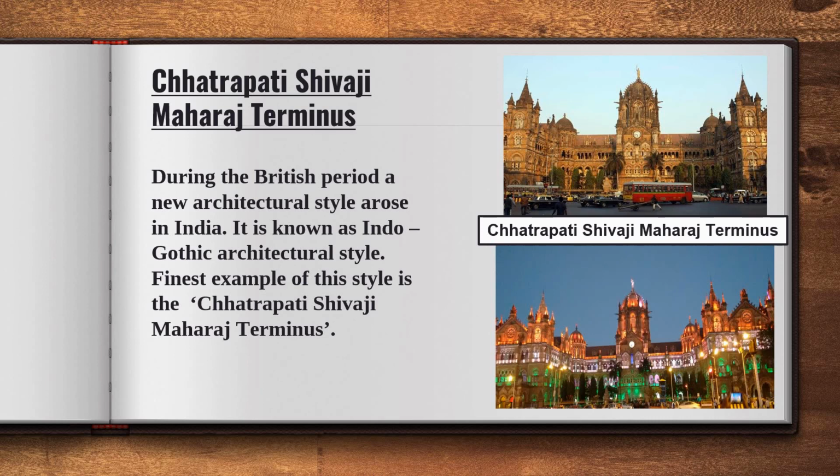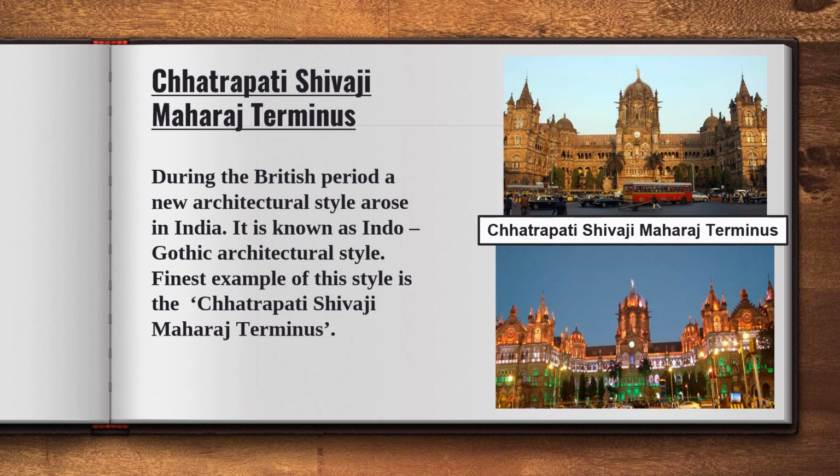The building of Chhatrapati Shivaji Maharaj Railway Terminus in Mumbai is the finest example of Indo-Gothic architecture, and it is declared a World Heritage Site.